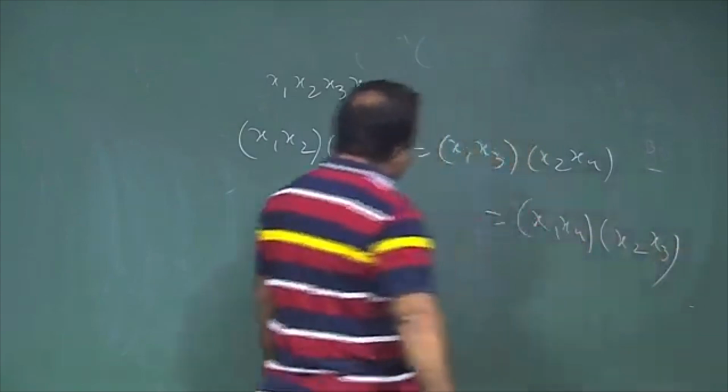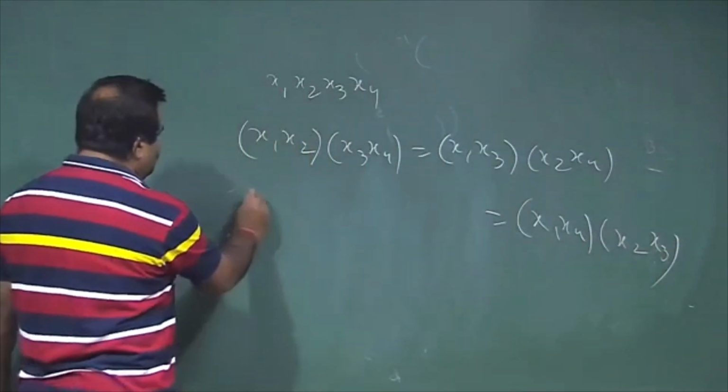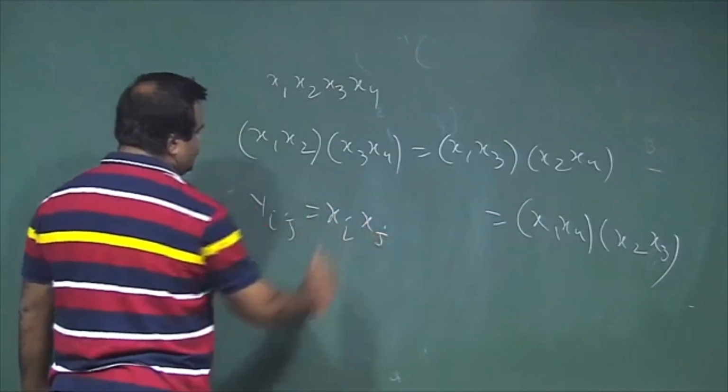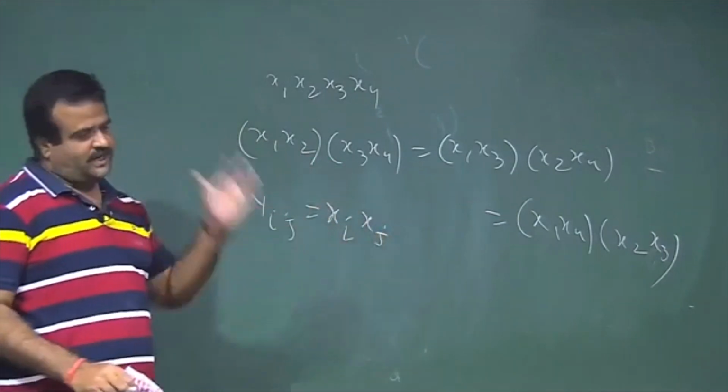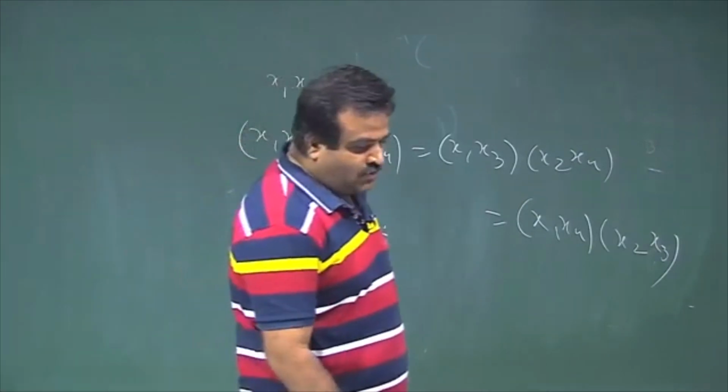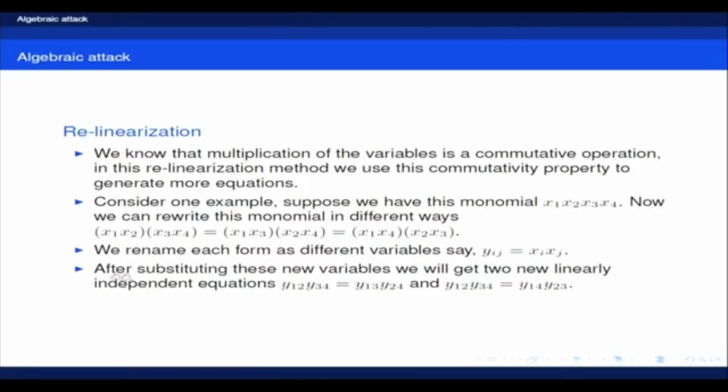Now we denote yij as xi xj. So we have many choices and can have corresponding equations. We rename each of these different variables as yij. After substituting these new variables, we will get some new linearly independent equations of this form.